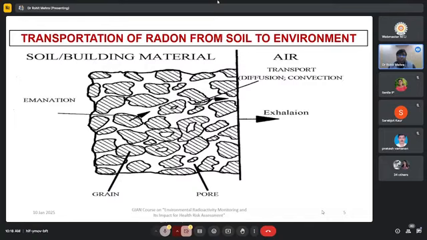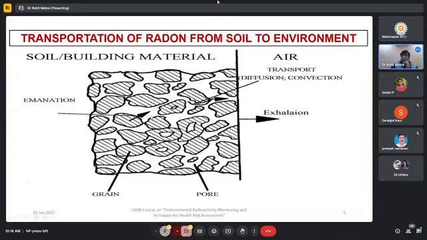Now, if you see this figure, that is the transportation of radon from soil to the environment. I have shown one on the left hand side. There is a soil or a building material, you could say a plastered wall or a ground containing the soil or different building materials. Once the radon comes out of these pore spaces, it is called emanation.